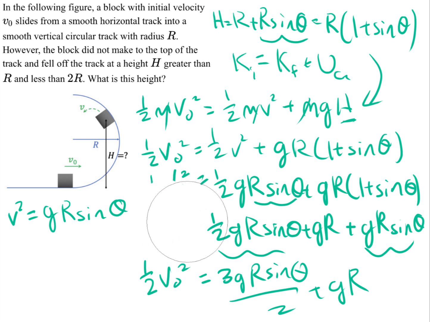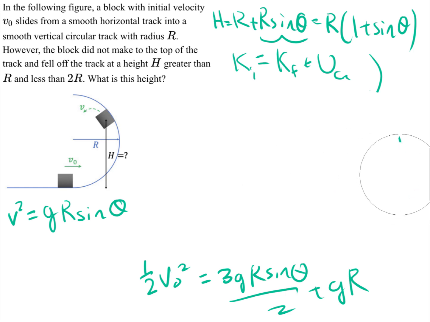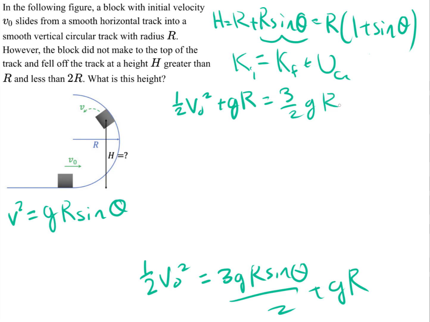So I'm going to erase this to make more room. And then now we just simply need to solve for r sine theta. So 1/2 v naught squared plus gr is equal to 3 over 2 gr sine theta.